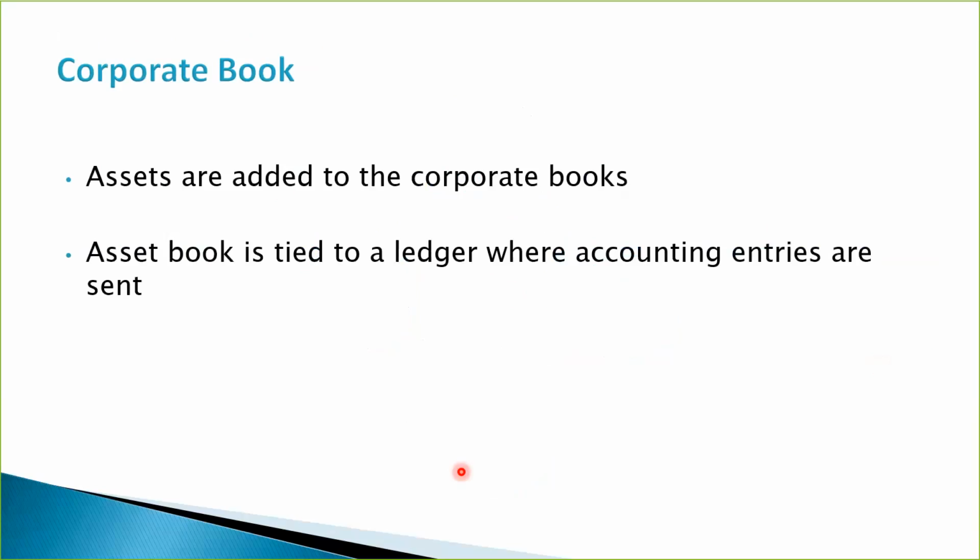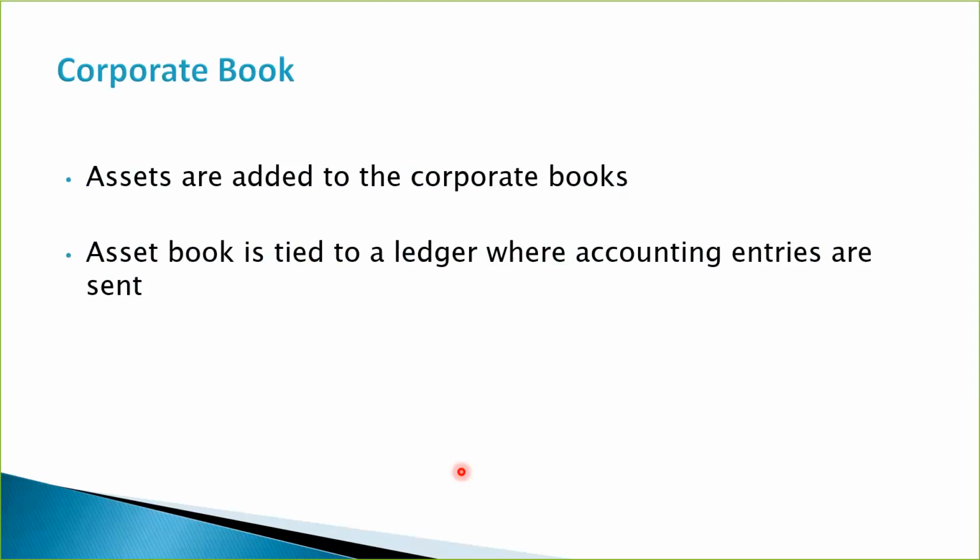So assets are to the corporate book as journal entries are to the ledger. You enter journals directly into your ledger, or you import them from your sub-ledger modules. In the same way, you can enter assets manually into your corporate books, as we have talked about, manual addition, or you can import through mass addition from the relevant sub-ledger modules such as Oracle Projects or Payables.